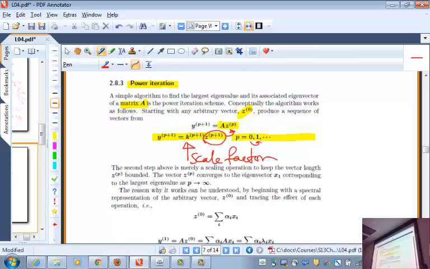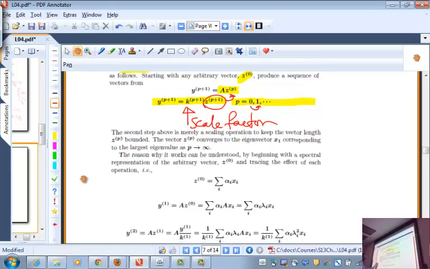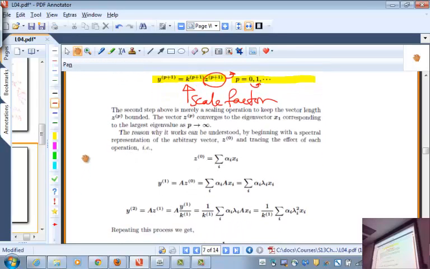But this simple iterative process gives you a way of getting at the largest eigenvalue and its vector. Why does it work? So this is an important idea. This idea reappears many times in control, process control, etc. What is the idea there? The idea is I started off with an arbitrary vector.